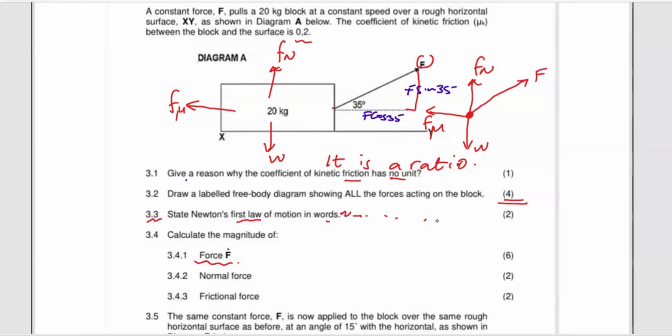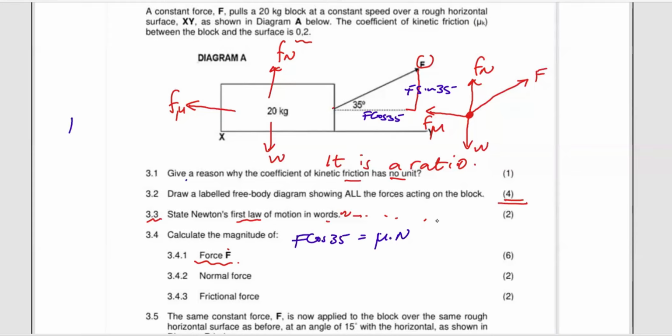Okay. Which one can we use? So let's use the horizontal one. I think to make life a bit easier. So I'll say that F cos of 35 should give us the frictional force, which frictional force is given as mu multiplied by the normal reaction. Does that make sense? Yeah.